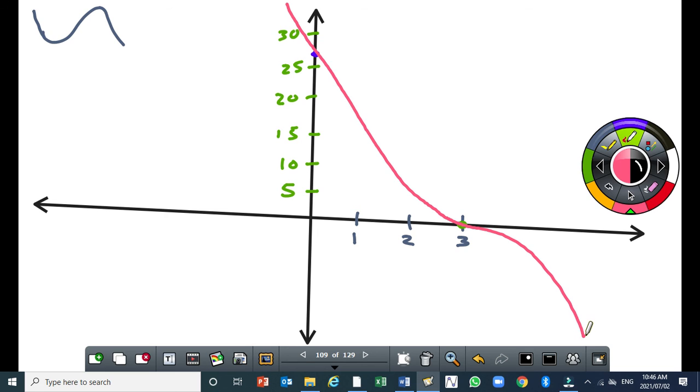So what this means is that we have a stationary point, which is also a point of inflection. So this point here is also a point of inflection. I'm going to repeat that. It means the x-intercept is a point of inflection. It's also our stationary point.